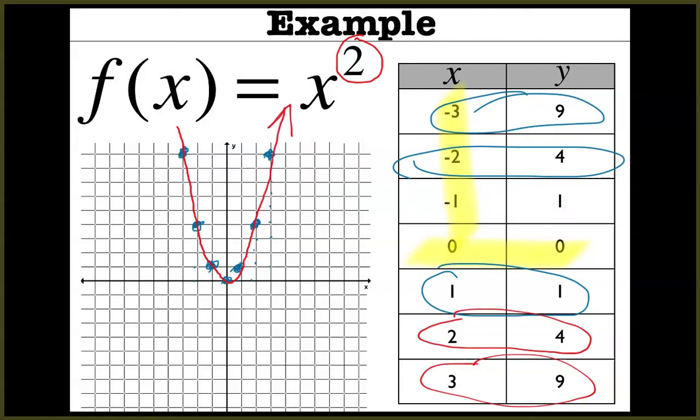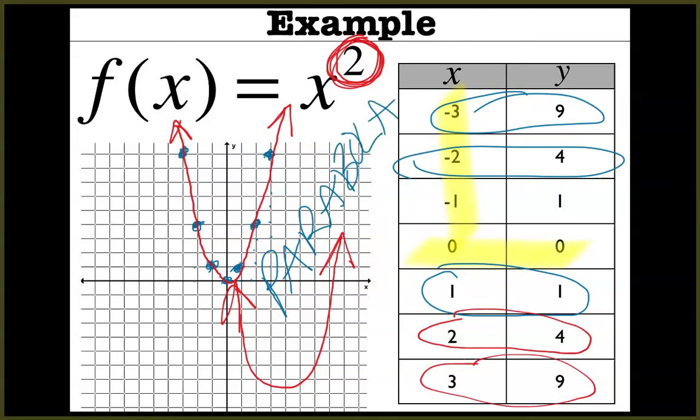That was not the best drawing ever, but you get the idea. It's kind of a U shape, and whenever there's an x squared in your function, it's going to make kind of a U shape, and there's a word for that kind of a shape. In math, we call this a parabola.